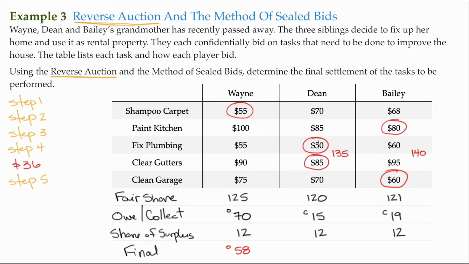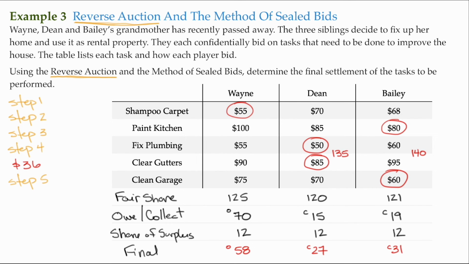Dean is going to fix the plumbing and clear the gutters, but he's also going to collect an extra $15 and $12 from the surplus. So he's going to get $27. And same way with Bailey. Bailey's going to paint the kitchen and clean up the garage, but he's going to get $19 and then $12 from the surplus. So he's going to collect $31.